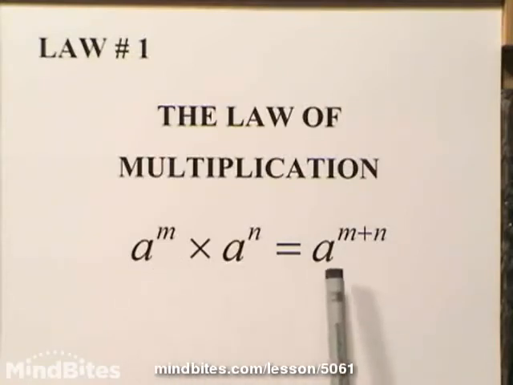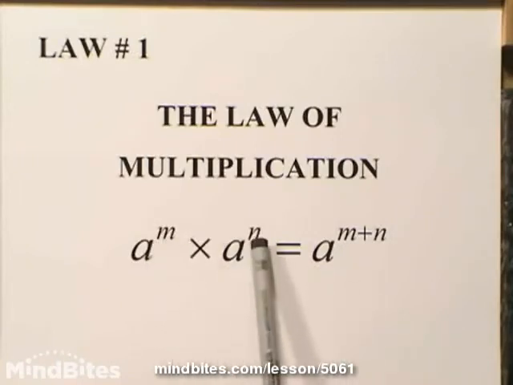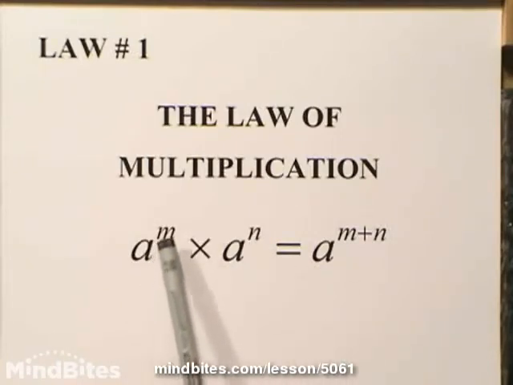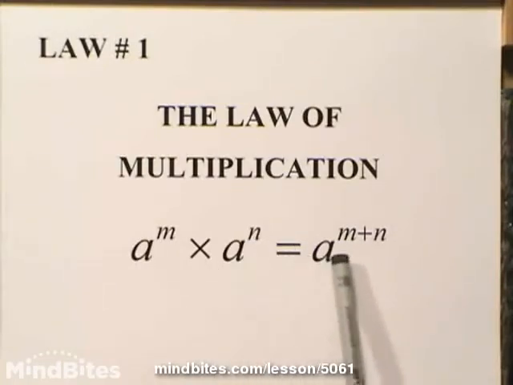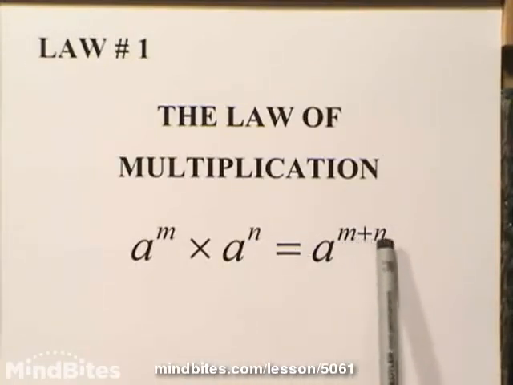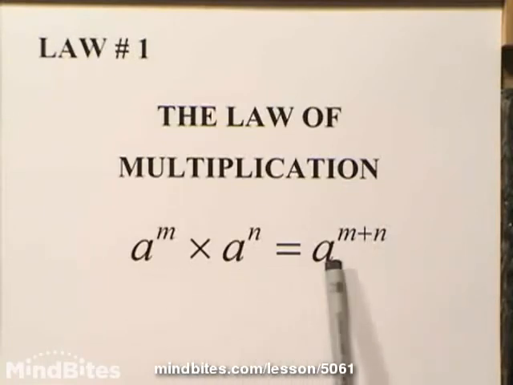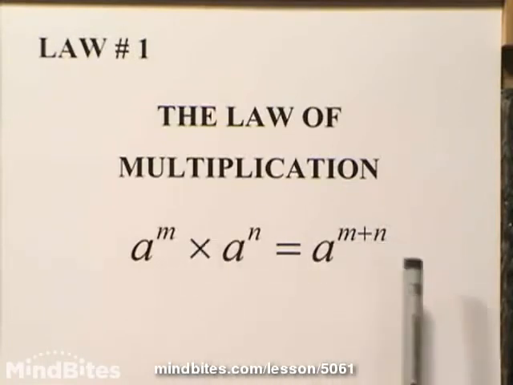All right? So you write the base down and you add the exponents. So a to the m multiplied by a to the n is equal to a to the m plus n. Same base, write the base down, add the exponents. We're going to look at a number of examples on this.